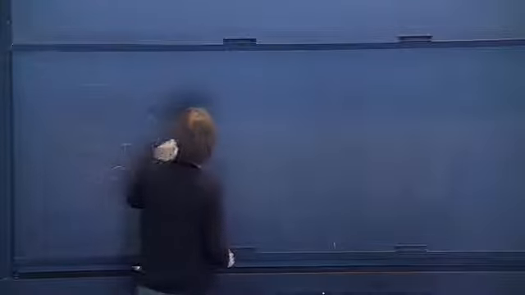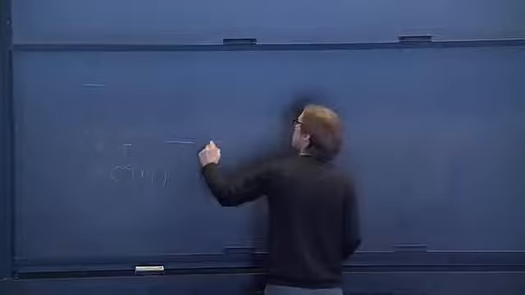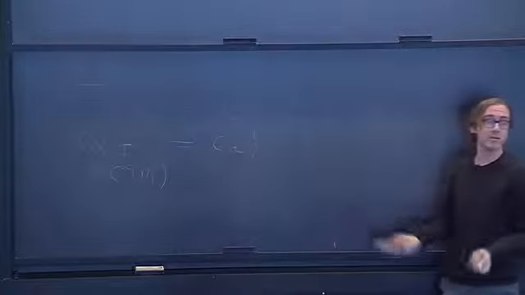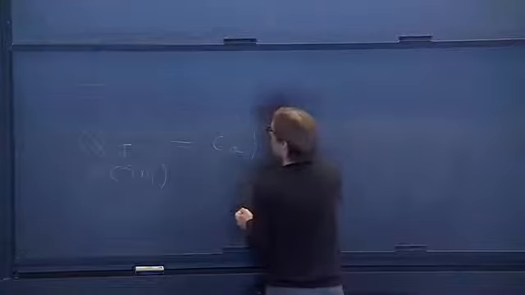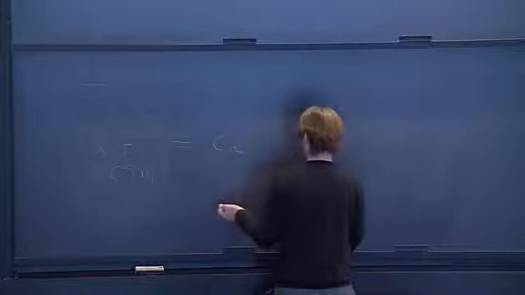Q of a function is equal to the ghost times the way this function transforms under the gauge symmetry. That's a good notation for that.